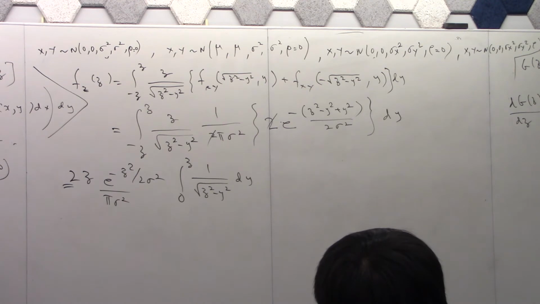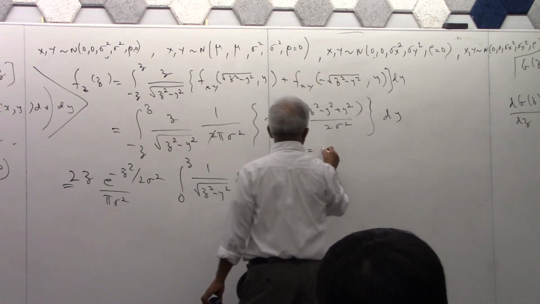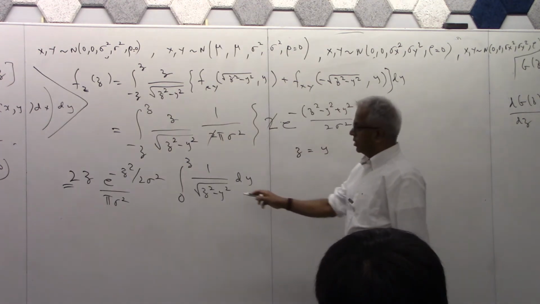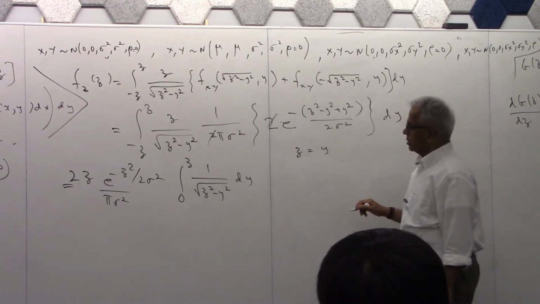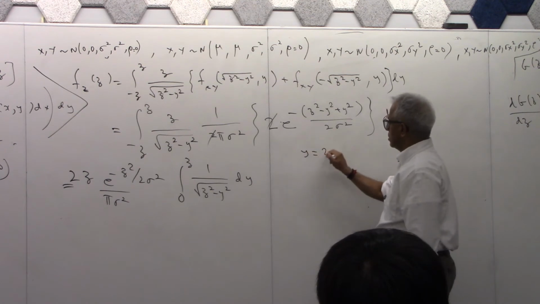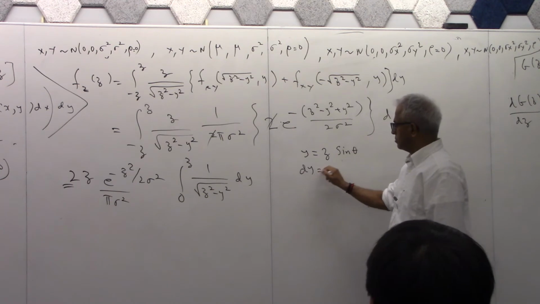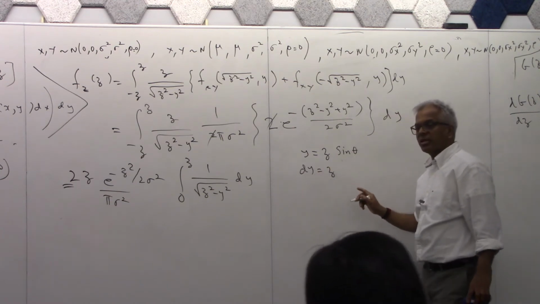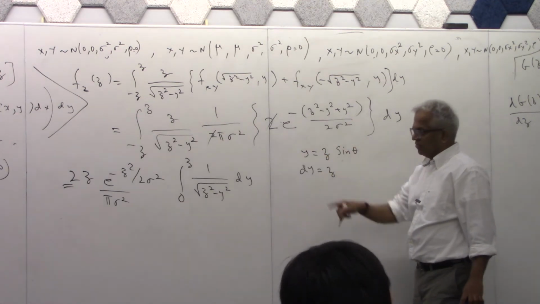Now how will you simplify it? What do you substitute? I want to get rid of the square root and so on. Not z, y equals z sin theta. So dy is, remember what the variable is: y and theta, not z. z is fixed there.